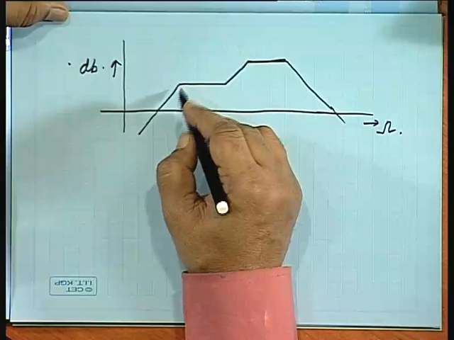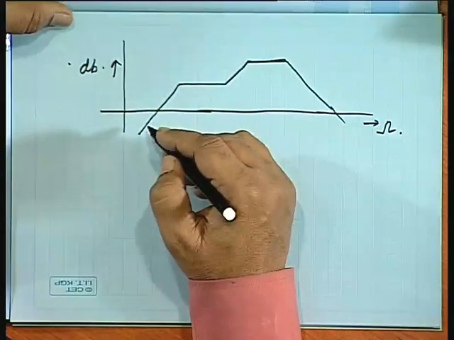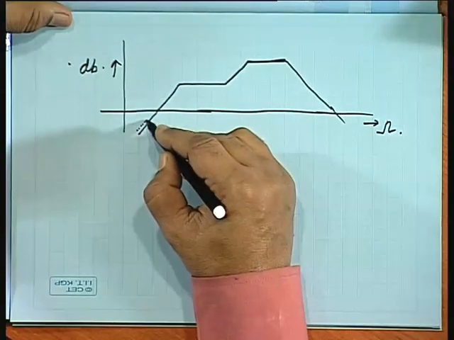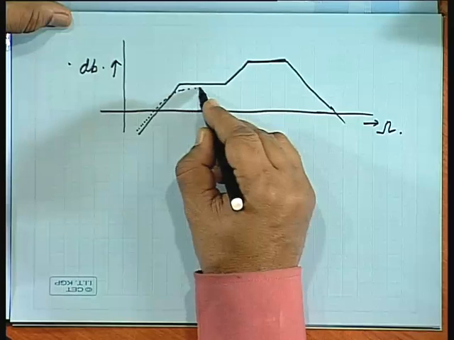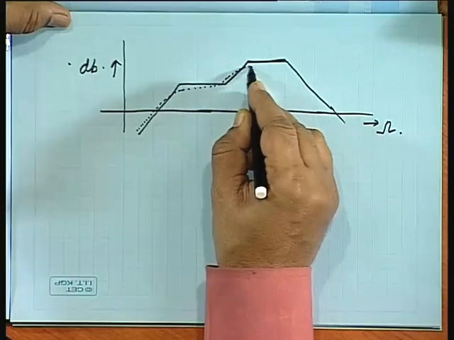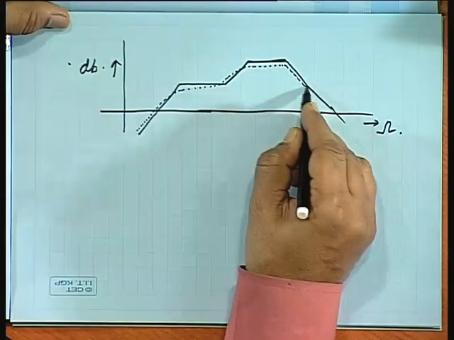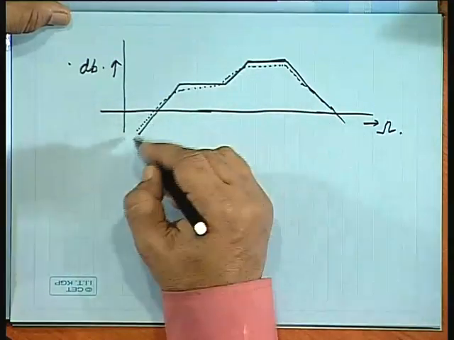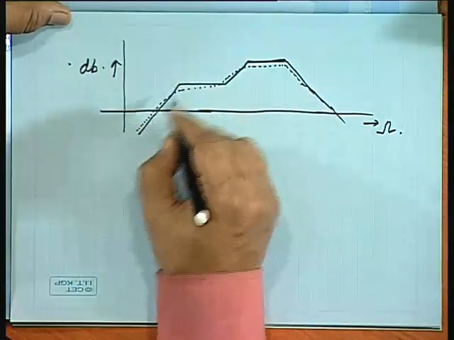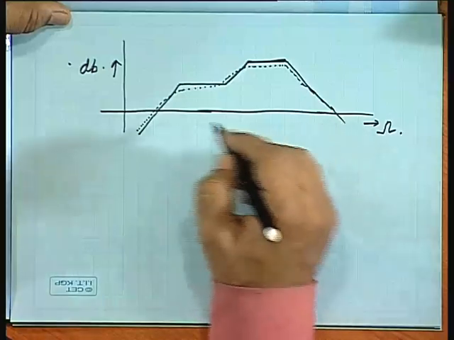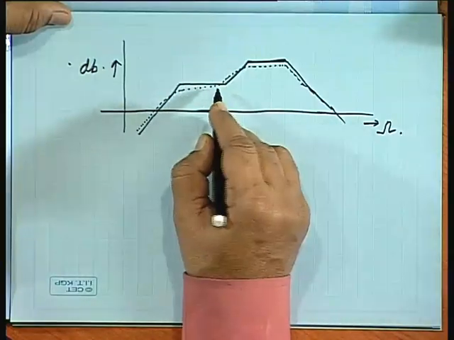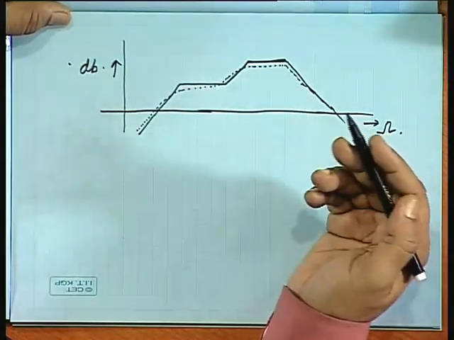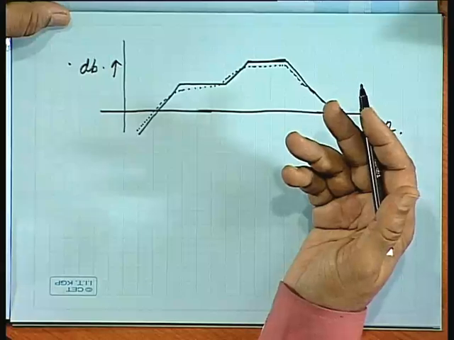Since these are asymptotic plots, the exact plot may be somewhat like this. We are not bothered about the actual plot. The actual plot has been decomposed into approximate straight lines with 20 dB or 0 dB or minus 20 dB slopes or multiples of 20 dB.